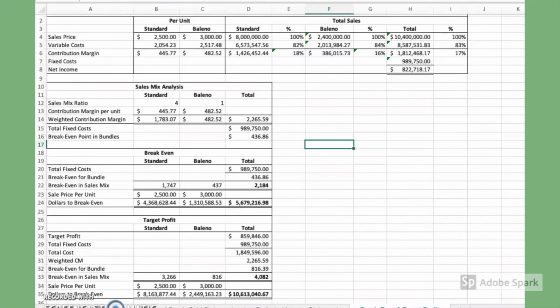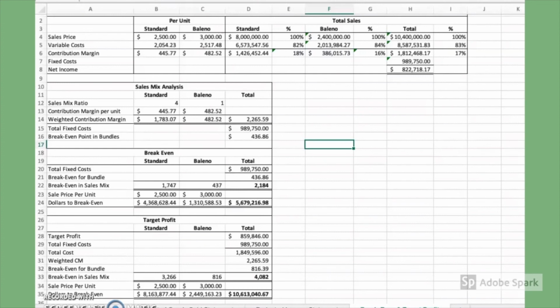The standard model has variable costs of $2,054.23. To find contribution margin, you have to take variable costs out from our sales price. This gives us a contribution of $445.77 for the standard model and $482.52 for the Baleno model.